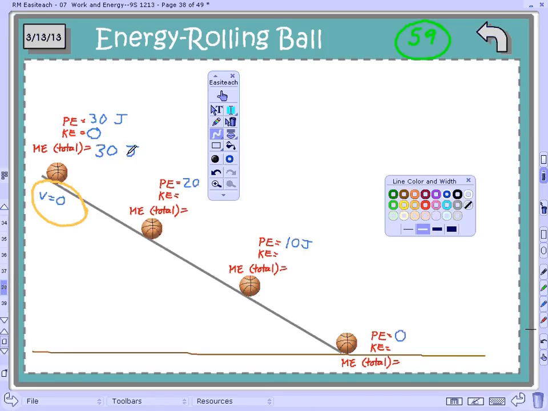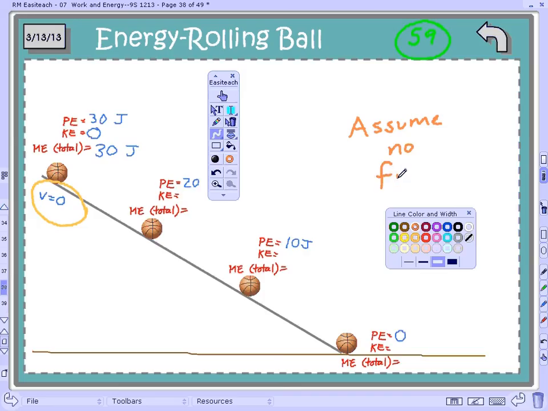Now, the mechanical energy doesn't change unless there's friction, and we're going to assume there's no friction. Okay? Always assume no friction unless the problem says there is friction.